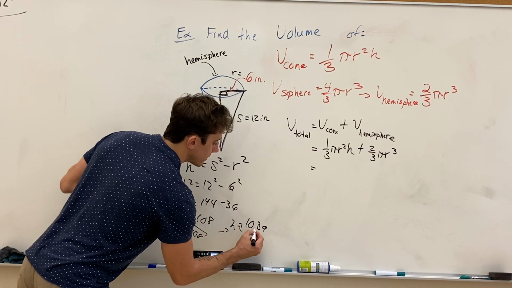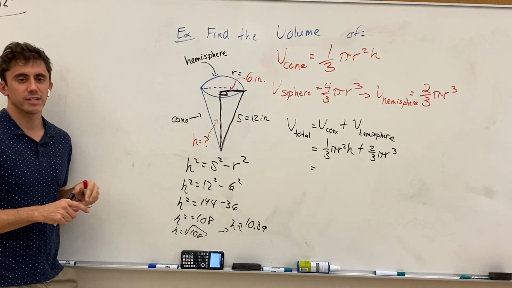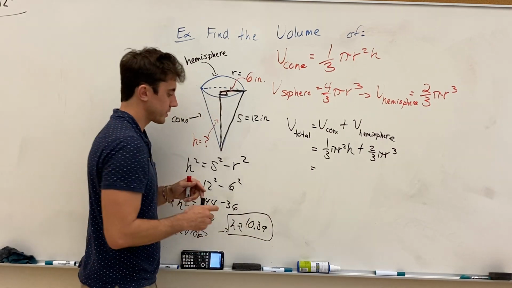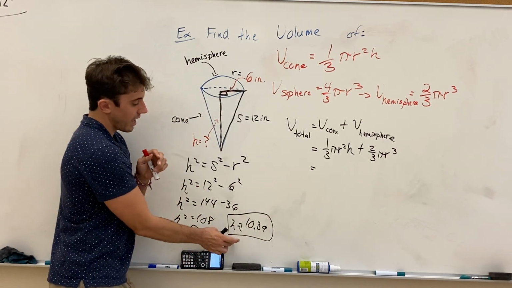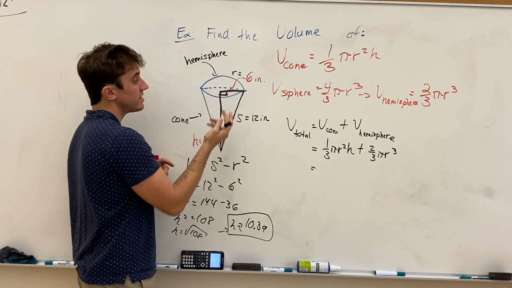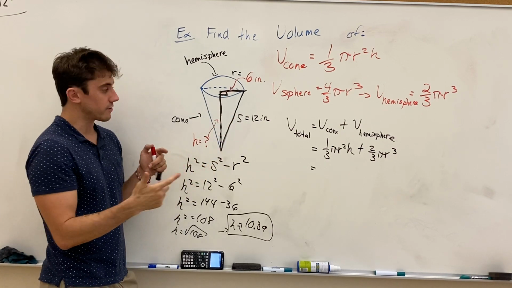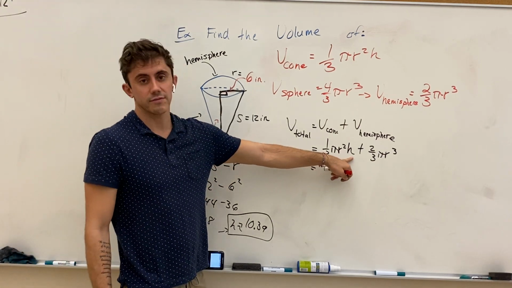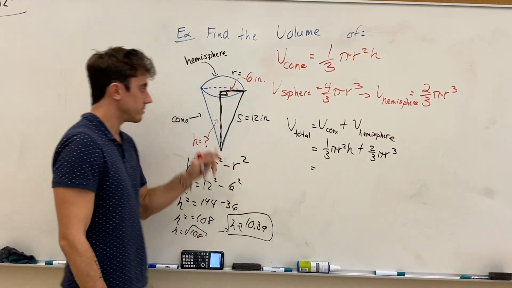The question didn't really specify how many decimal places to keep, so let's just keep 2 for no particular reason. Now we have our vertical height of the cone, which we wouldn't need for the surface area, because the surface area of the cone depends on the slant height, but for the volume, we definitely do need the vertical height of our cone.